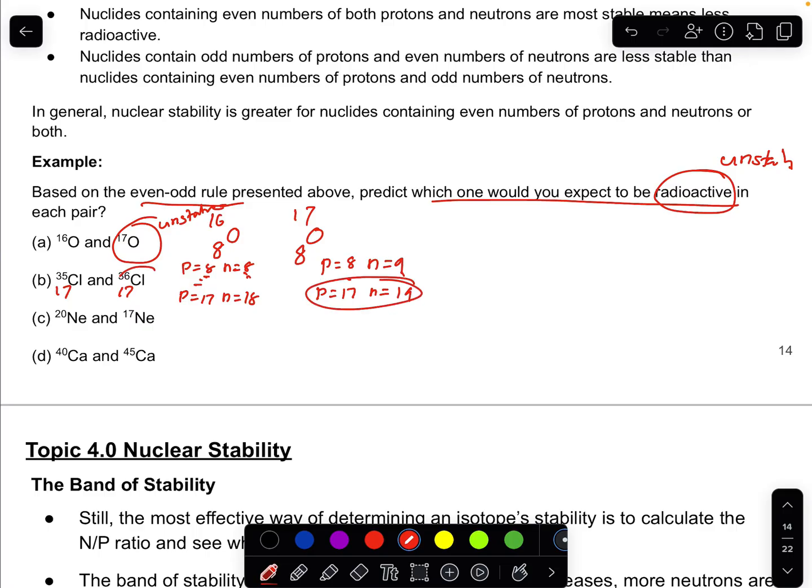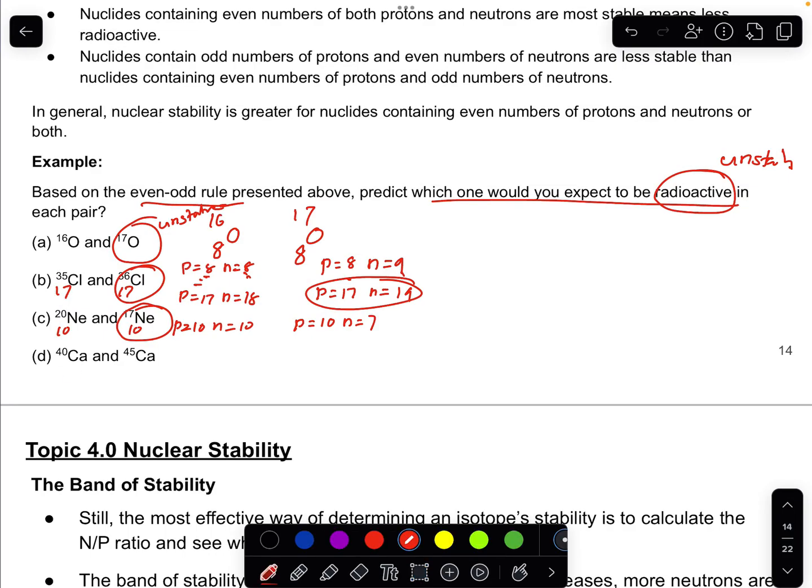So both are odd, so this will be the unstable one. Then neon has atomic number 10, right? So the first is proton 10, neutron 10. The second one, proton 10, neutron 7. So this is the unstable one, that is radioactive.